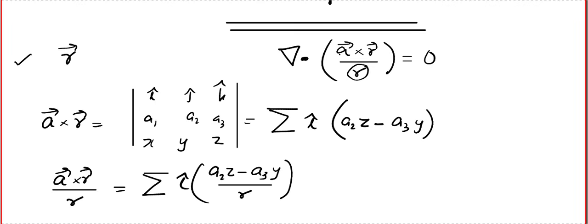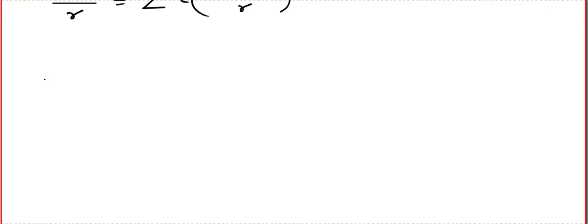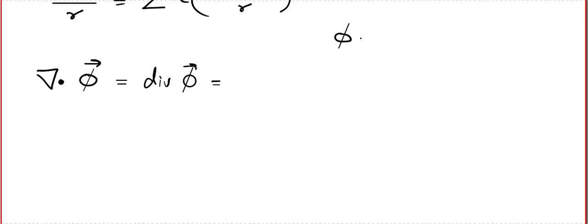Now we have to do del dot. Before we do that, let me tell you something. Del dot, a vector function, is called the divergence. Yesterday also we discussed this for dot. And this is actually, suppose our vector is phi1i plus phi2j plus phi3k.